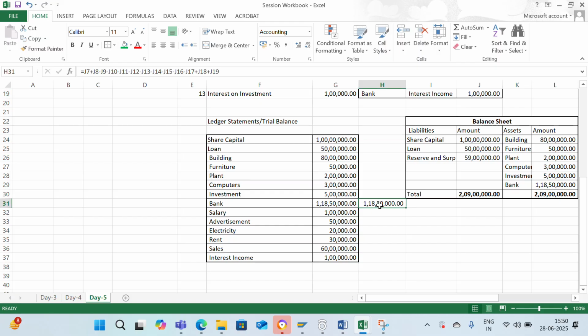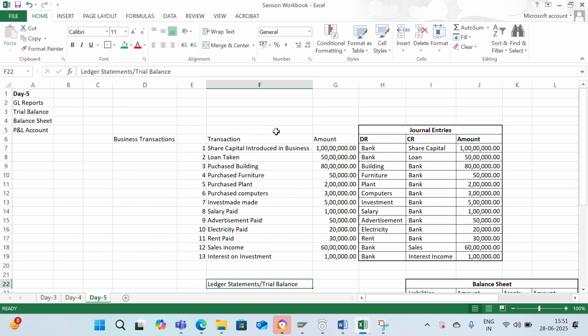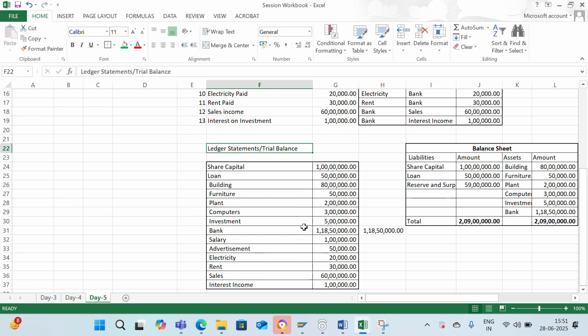So the balance that I got is 118 lakh and 50,000. So this is my ledger statement or my trial balance. Trial balance holds the balance for all the GLs that are booked during the course of the business.